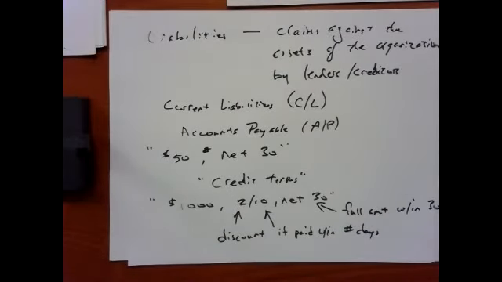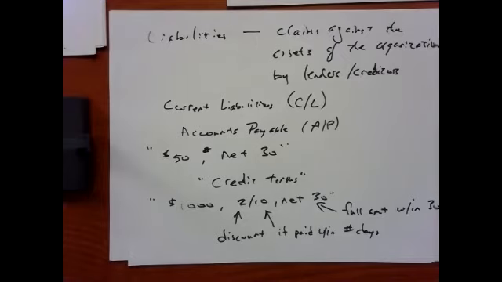Accounts payable, they want their payment within 30 days. That makes it a current liability, right? So when a supplier sells your organization supplies, bandages, food for the cafeteria, whatever, they're going to expect payment within a certain amount of time. Often they will have some sort of credit terms associated with it.